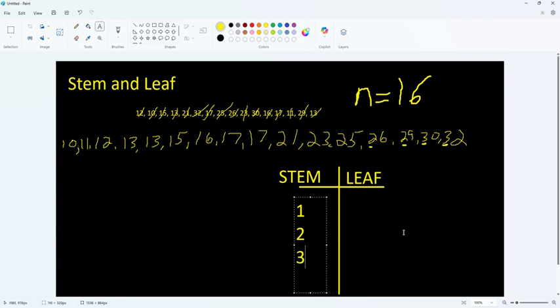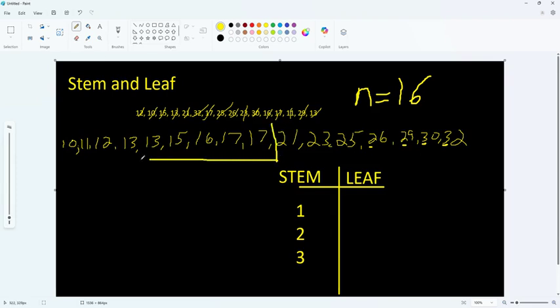That's each decade, or each series of 10 in our data. And let's see, how many do we have in the 10 series? These all start with a 1.